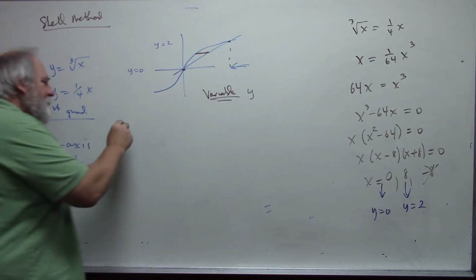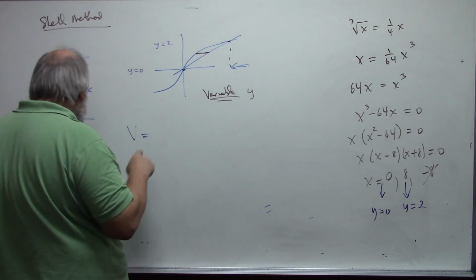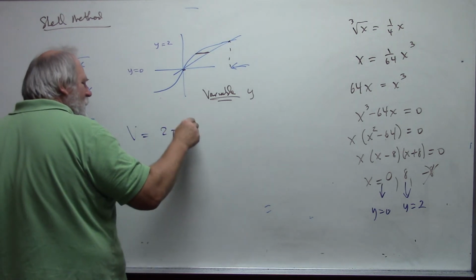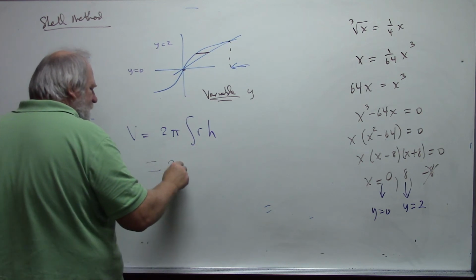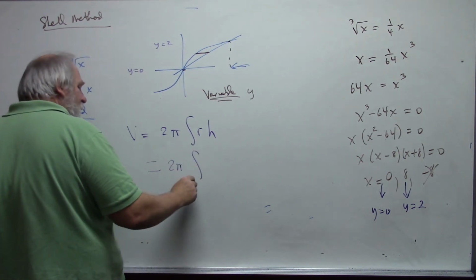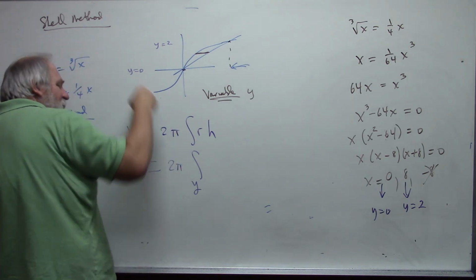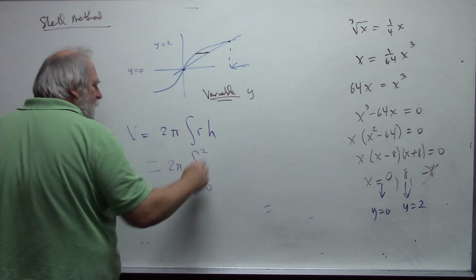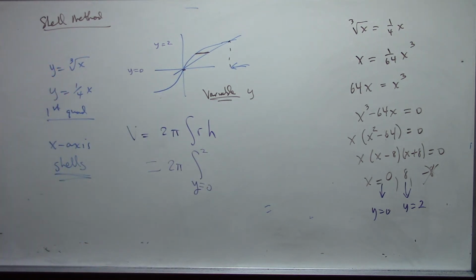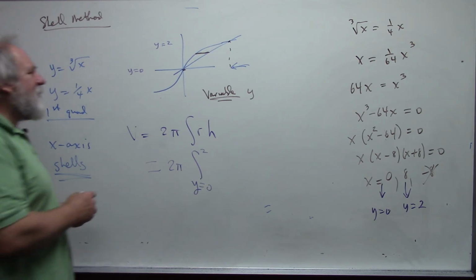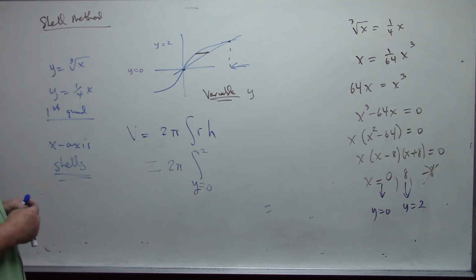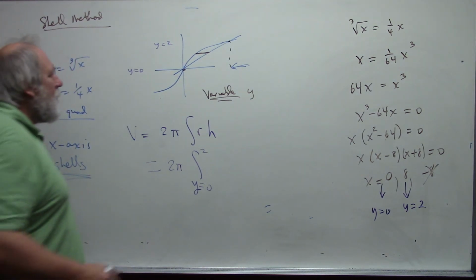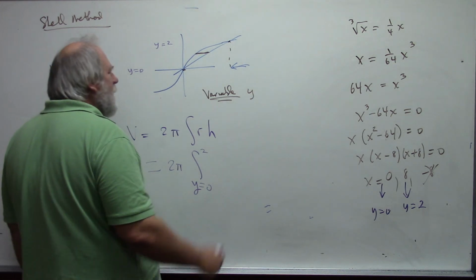My volume, shells, basic form, 2 pi integral RH. Specifics, variable is y, goes from 0 to 2. Since my variable is y, the radius is y. The radius is x, sorry.